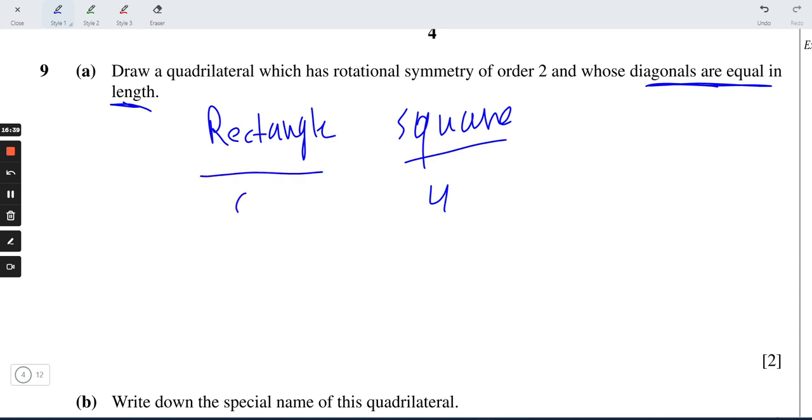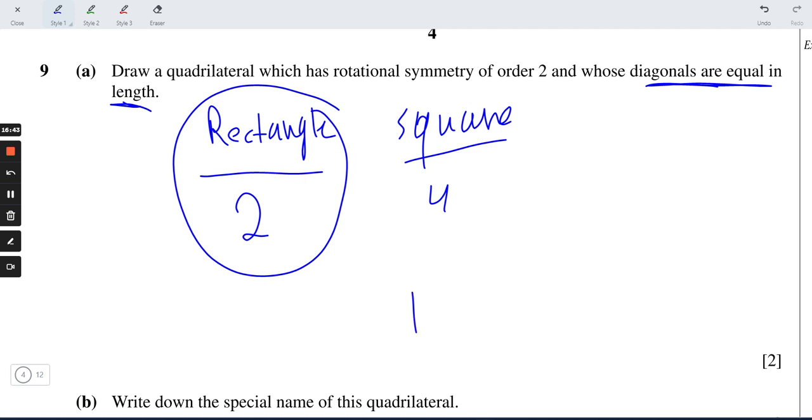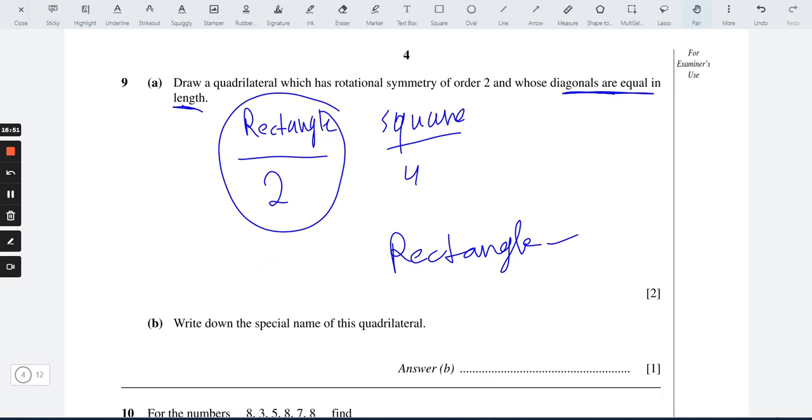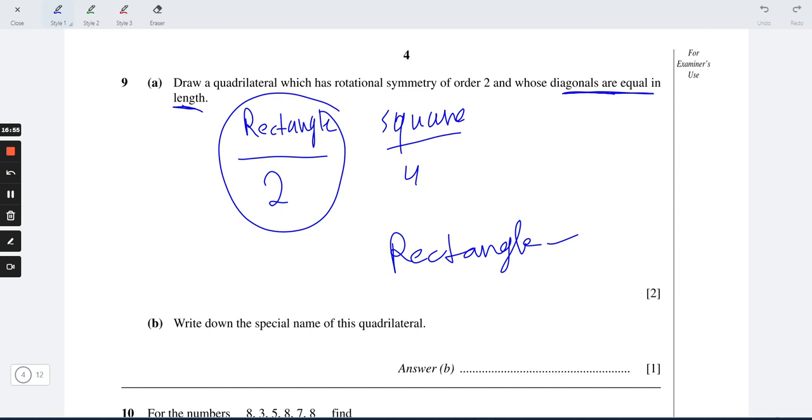Here we have order 2 of rotational symmetry, so our target is a rectangle. So rectangle, and you should write it in the space provided here. Write down the special name. The special name for sure is a rectangle.